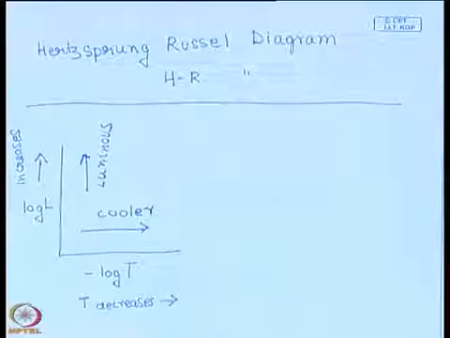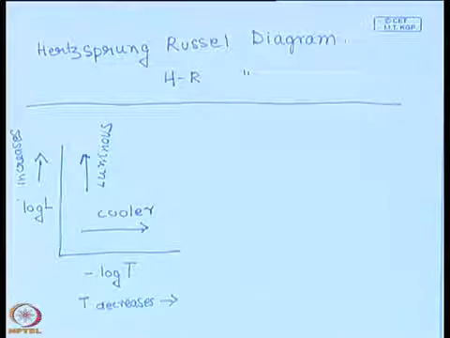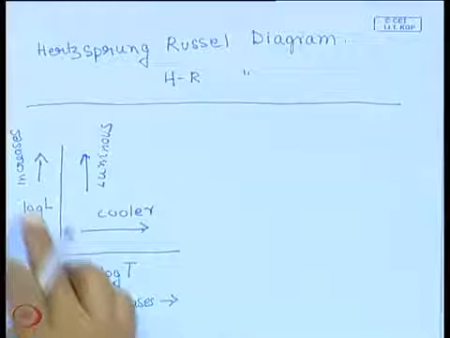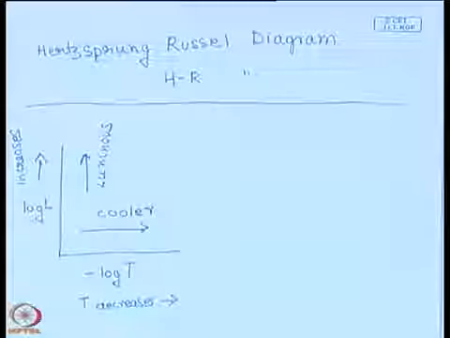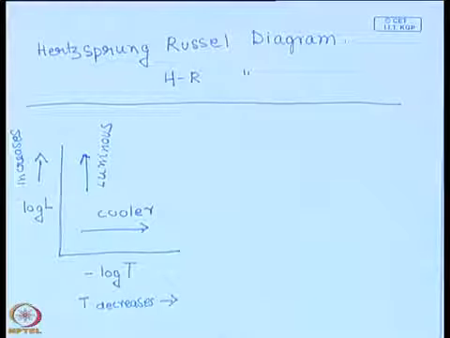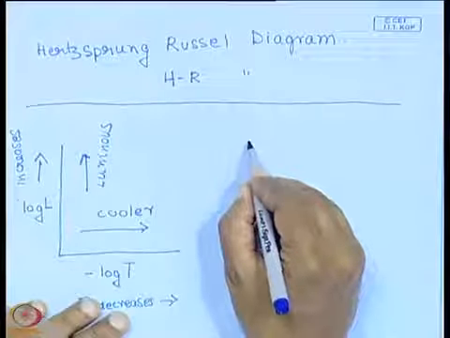That is how to interpret this diagram. In practice, you cannot observationally determine these two things. In practice, from the observational point of view, what is plotted, let me show that here.